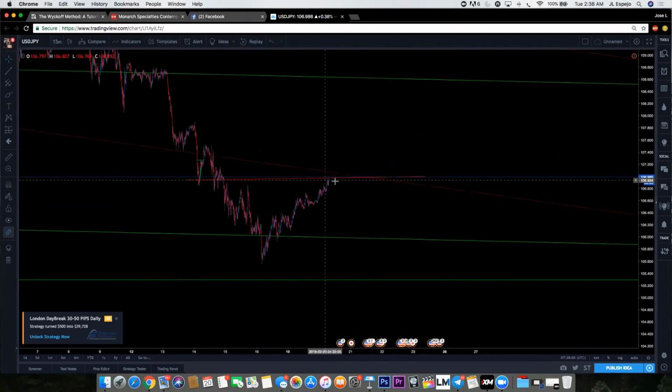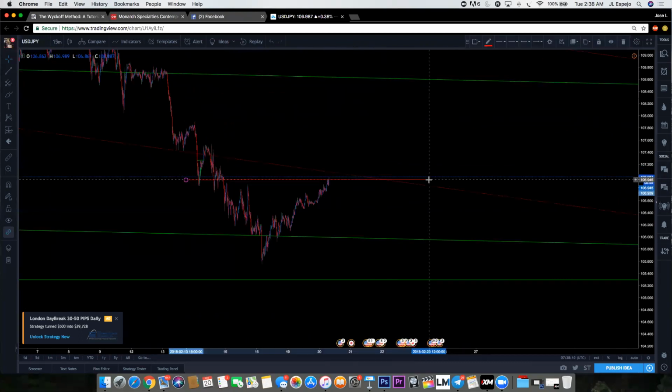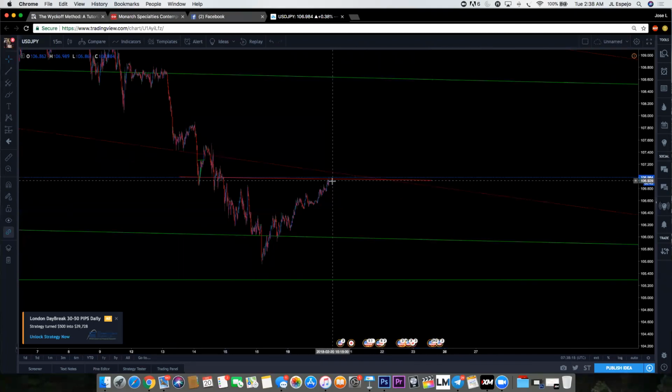So if we were to look to sell this, right, we would want to enter the sell on the resistance area, right? If we wanted to buy this, we would want to buy at support. So if it breaks out and retests, right, and does not continue to come back into the zone here that we're looking at, then we already know that there is a possible entry for a buy to catch this next wave.